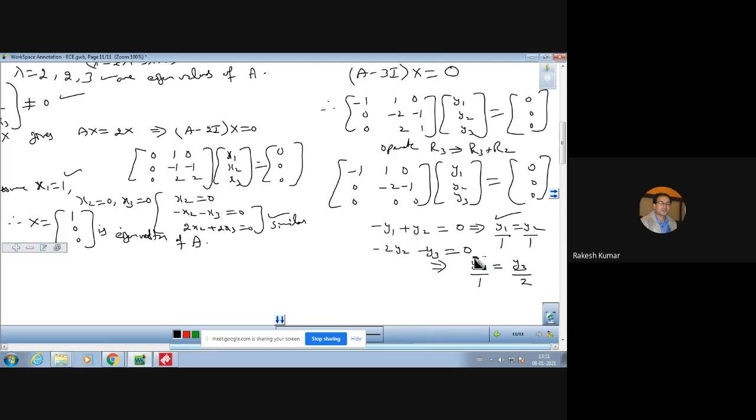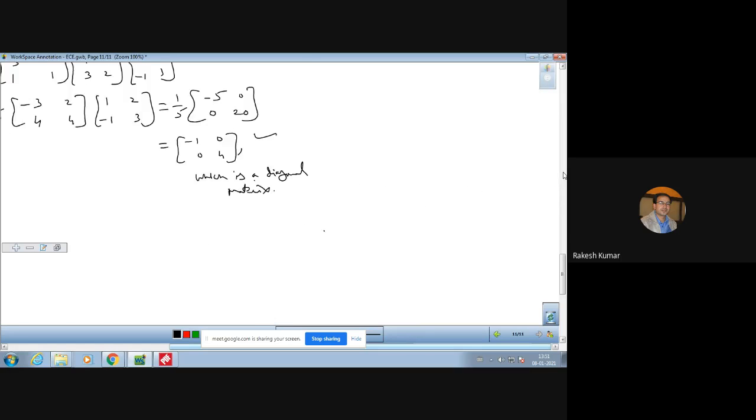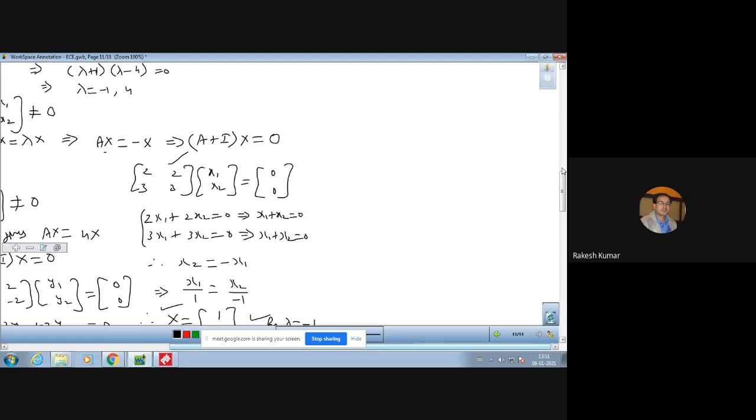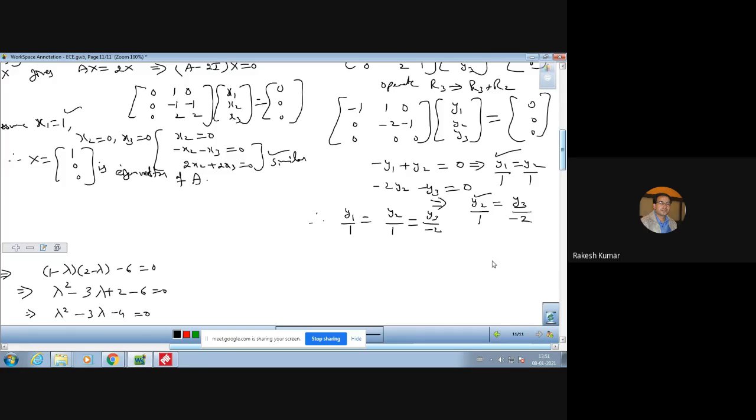So combining these, we should have y1 upon 1, y2 upon 1, and y3 upon minus 2. Sorry, this should be minus 2, because when we take the minus to the other side it becomes plus, and the minus 2 goes there. All these ratios are the same, so taking them as equivalent will give you the eigenvector.